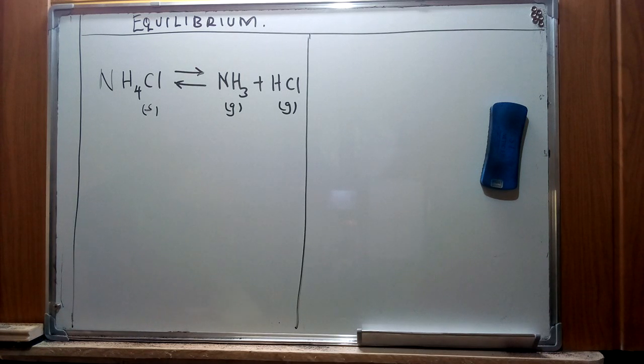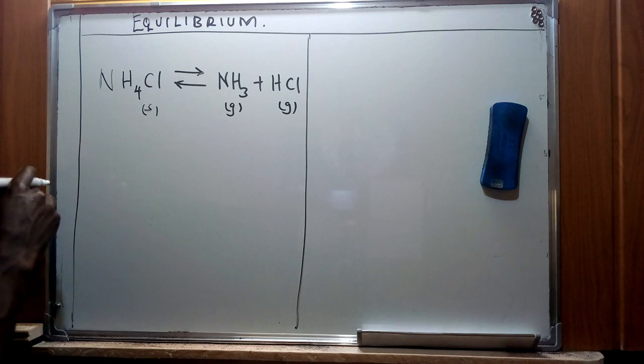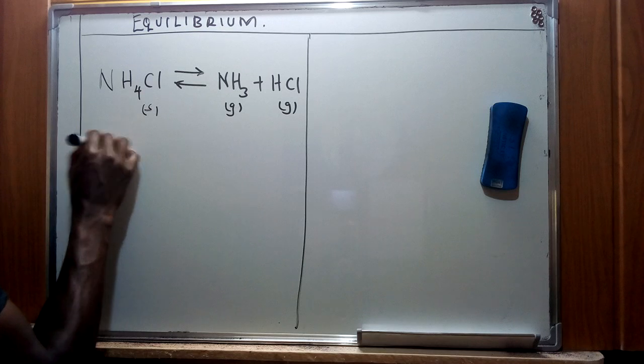And we gave an example, the equation that I've written on the board, of the formation of ammonia and hydrogen chloride gas from ammonium chloride. And we said that reactions can be made to go in either direction by changing conditions such as temperature, pressure, or concentration, and can be regarded as reversible.